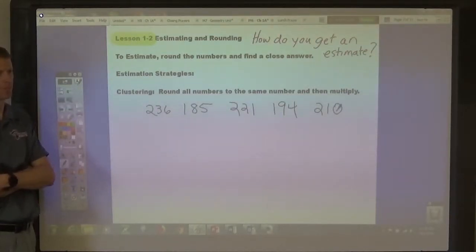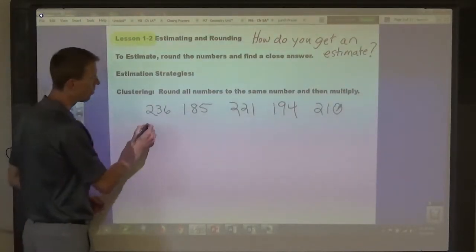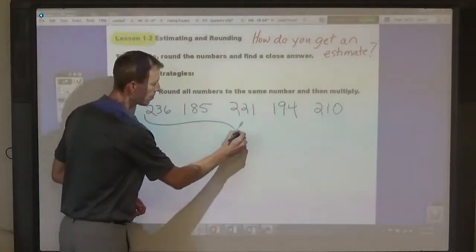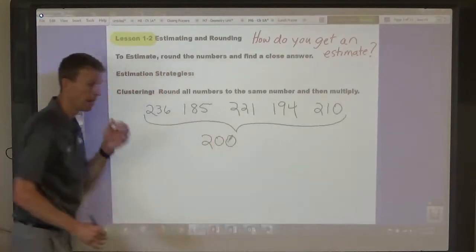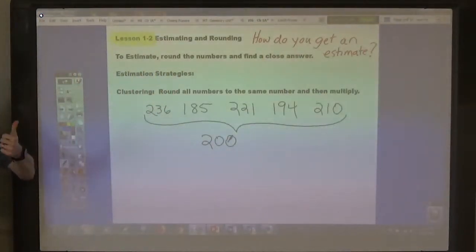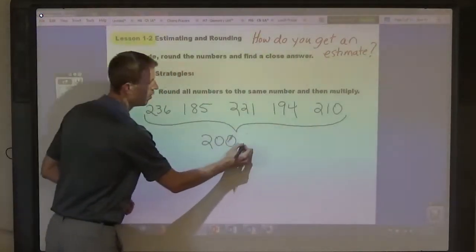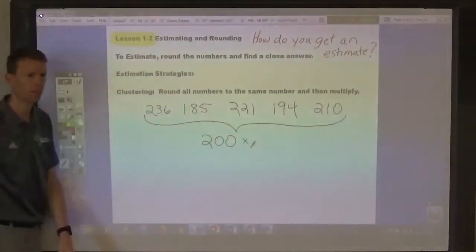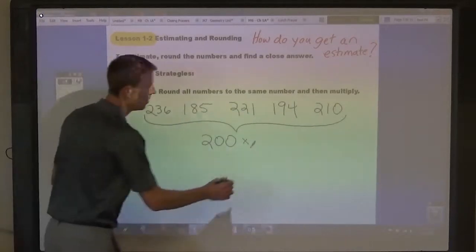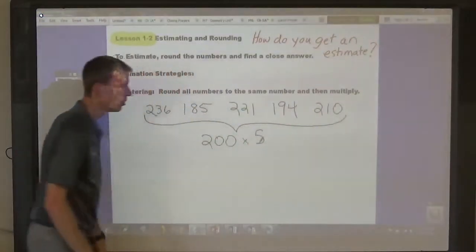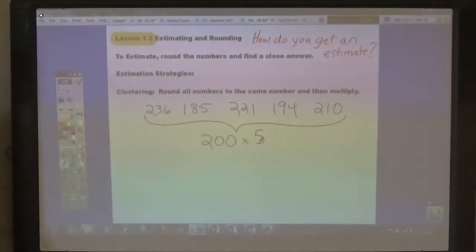Trevor? 200. We could round all of these to the same number, 200, and then either count by 200s or multiply by the number of numbers. How many numbers are there? Colton? 5 numbers. So we would multiply 200 times 5.